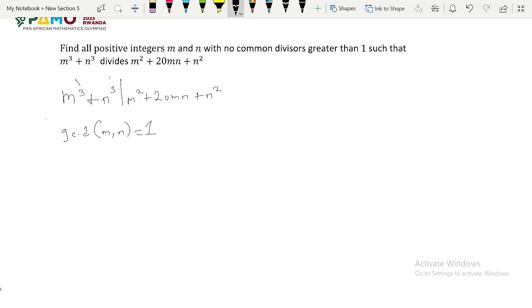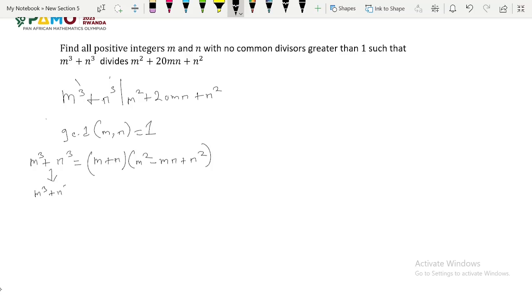From this, we know m cube plus n cube can be factorized as m plus n into m square minus mn plus n square.